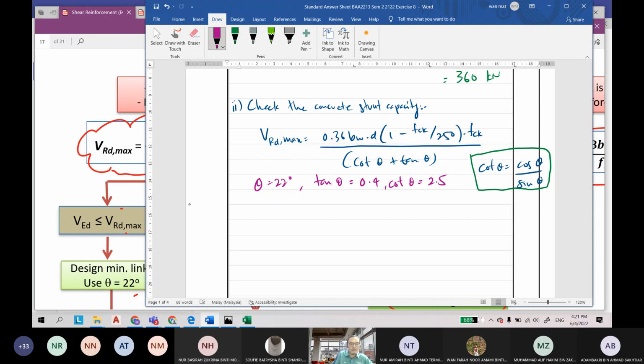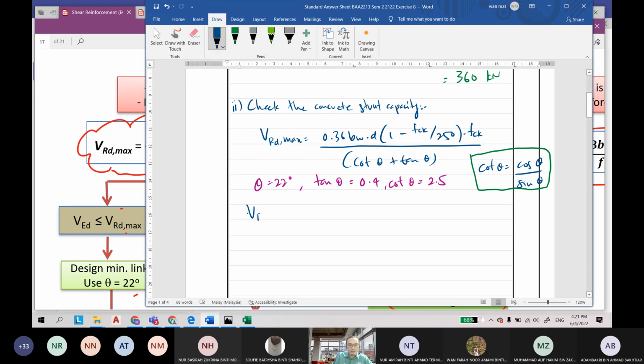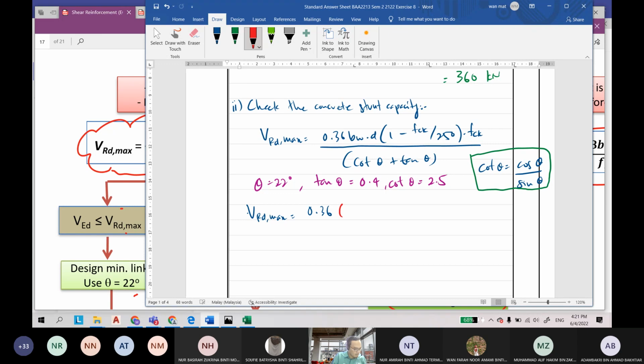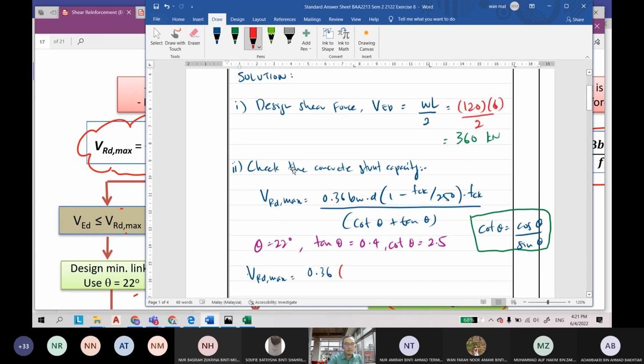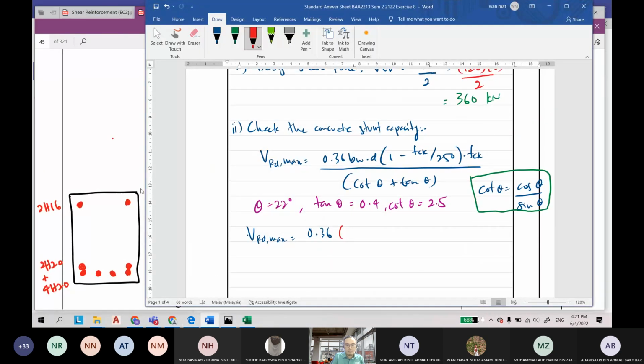So the VRD max is equal to 0.36 times bw, what is our bw? bw is 225, times our d given as 500.